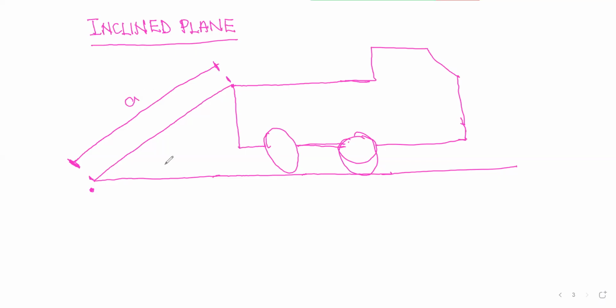It is inclined at an angle to the ground. This is the ground. So the angle of tilt is this, theta. So when you happen to have goods here, you can use the inclined plane to load and also offload goods.